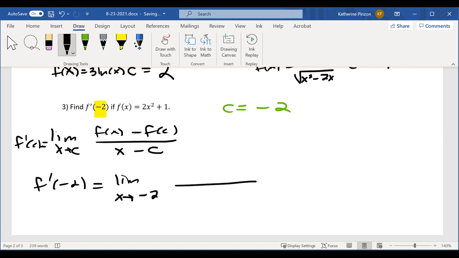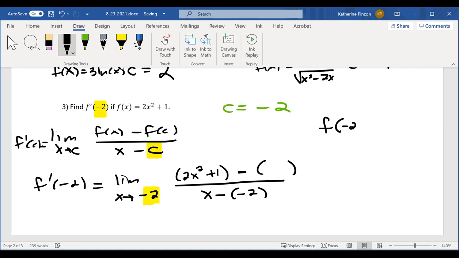Negative 2 of a big old fraction. I'm going to do the denominator first because it's easier. I'm just plugging negative 2 in there for c. And in the numerator, I need f of x, which is this guy, 2x squared plus 1, minus f of c. Over here, I'm going to do f of c.